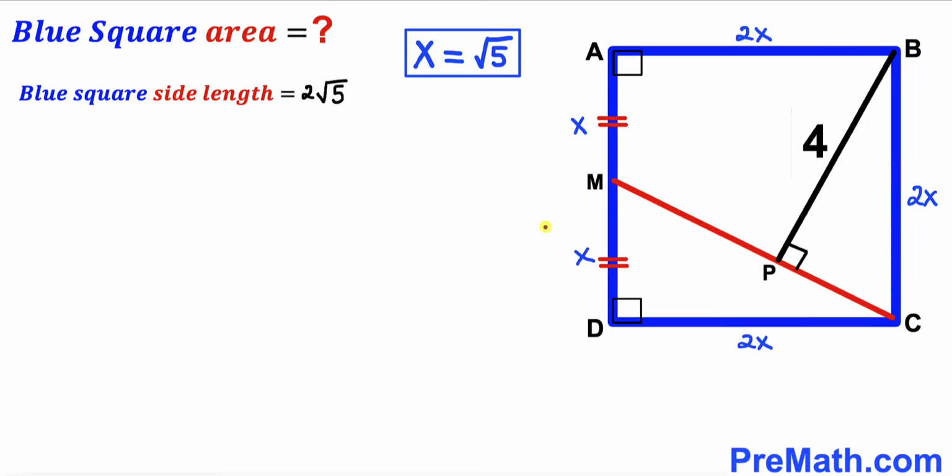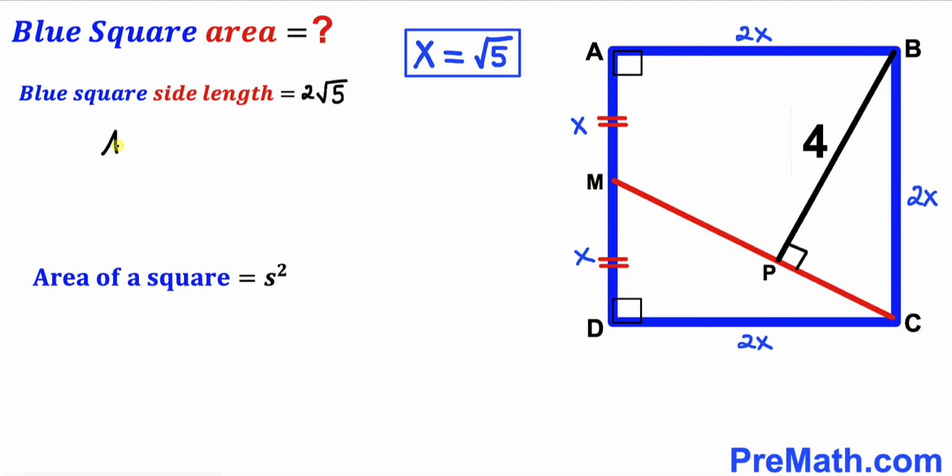And here's our final step. Now we are going to calculate the area of this blue square. Let's recall the area of a square formula: area equals s squared, where s represents the side length of the square. In our case, the side length of this square is 2 times square root of 5.